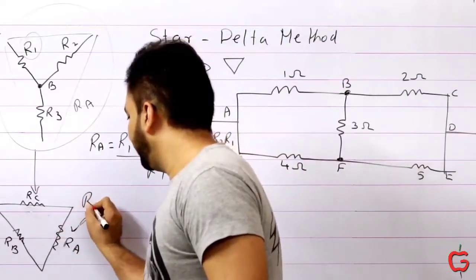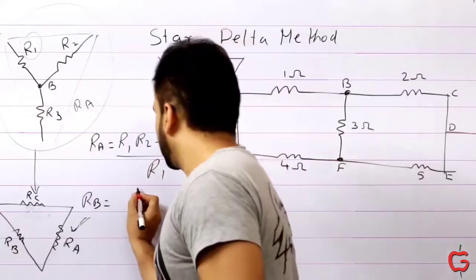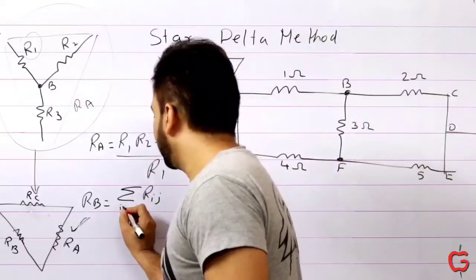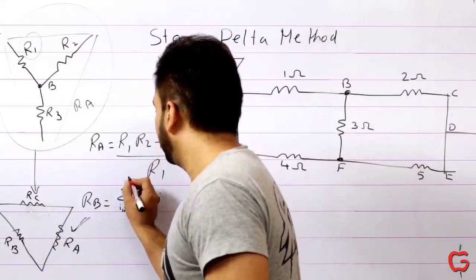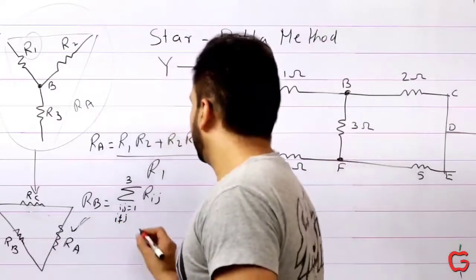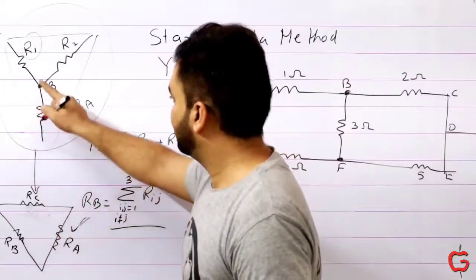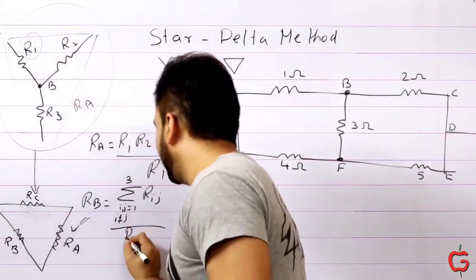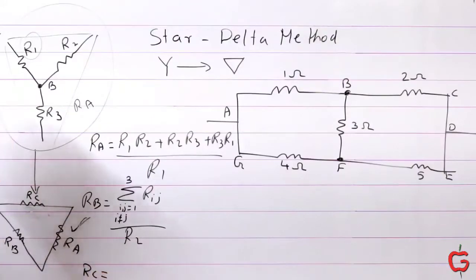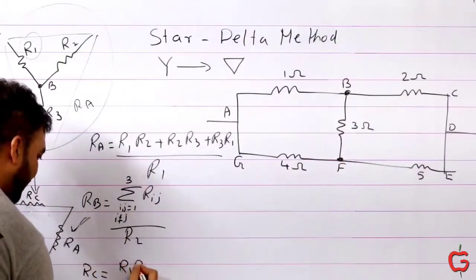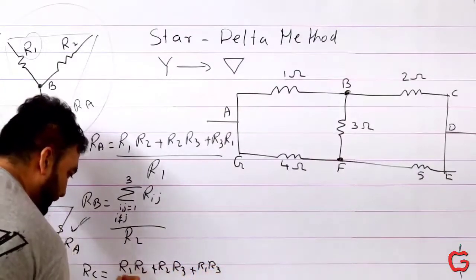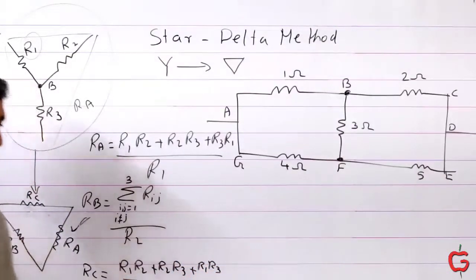A similar process should be done with RB. The numerator has Rij, where i and j take values from 1 to 3 and i is never equal to j. And the denominator for RB should be R2. Same for RC, so R1 R2 plus R2 R3 plus R1 R3 divided by R3.